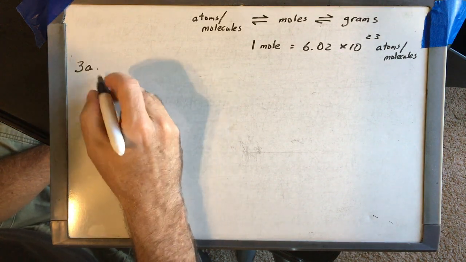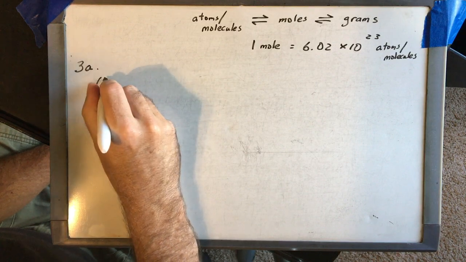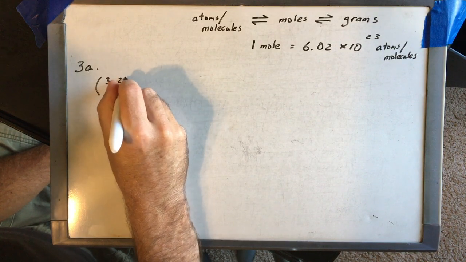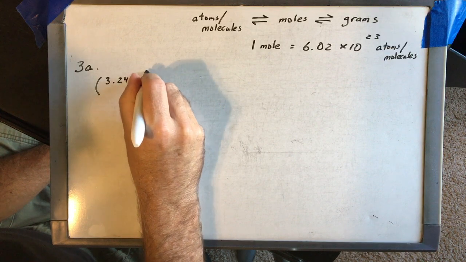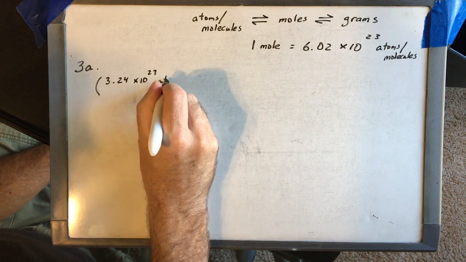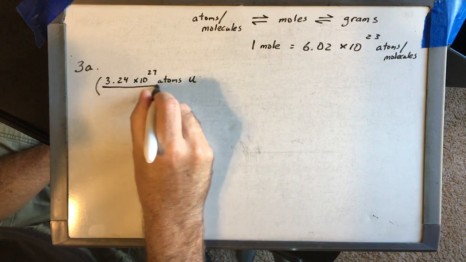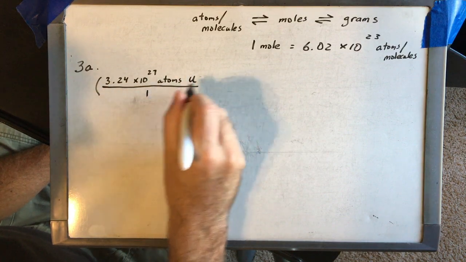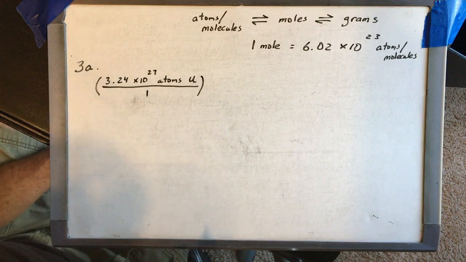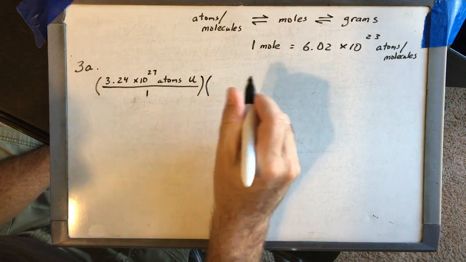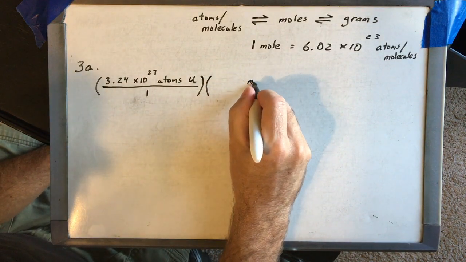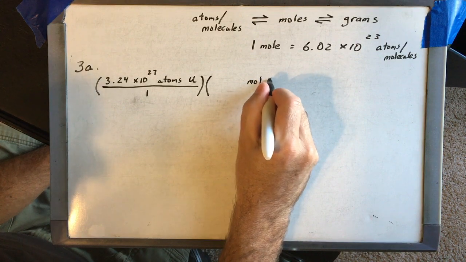Okay, so let's write down what we know from the problem. 3.24 times 10 to the 27 atoms of uranium. We'll put that over 1. So we want to convert that to moles of uranium.